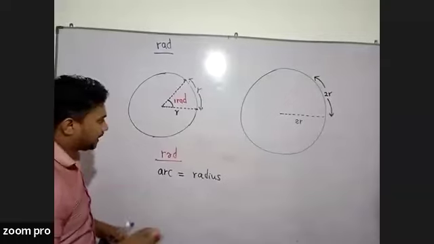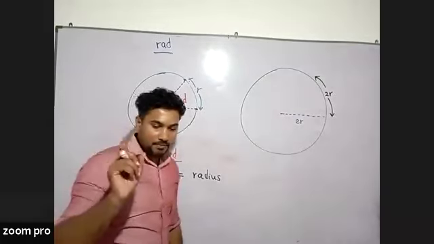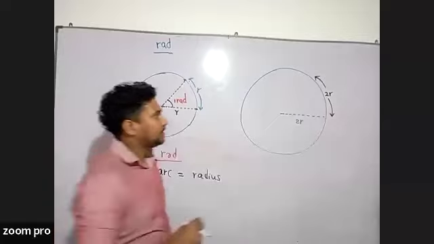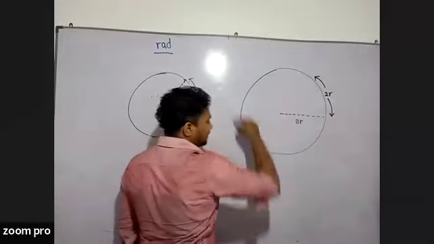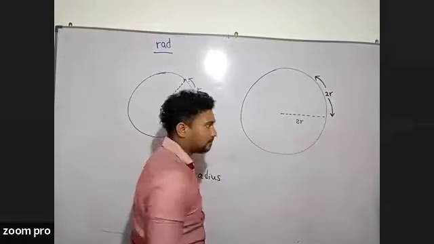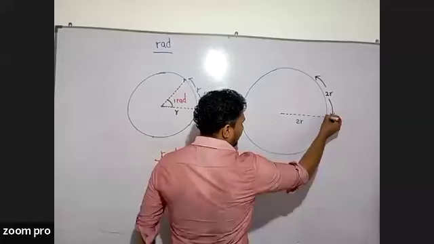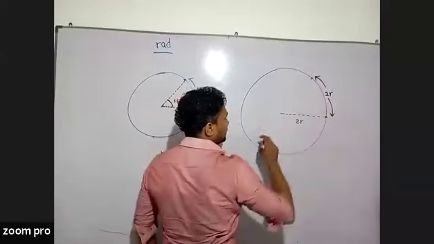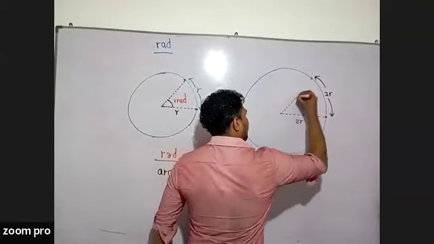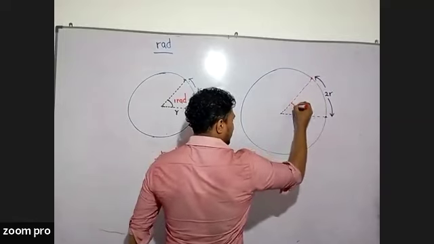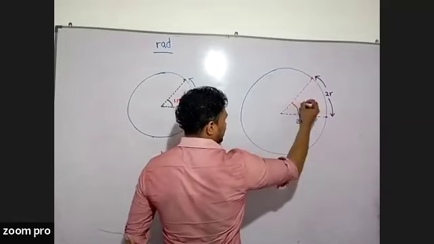Let me ask you a question. Let's consider a circle with a radius of 2r. This is the arc which is equal in length to the radius. Tell me, what is the angle subtended by this arc at the center?